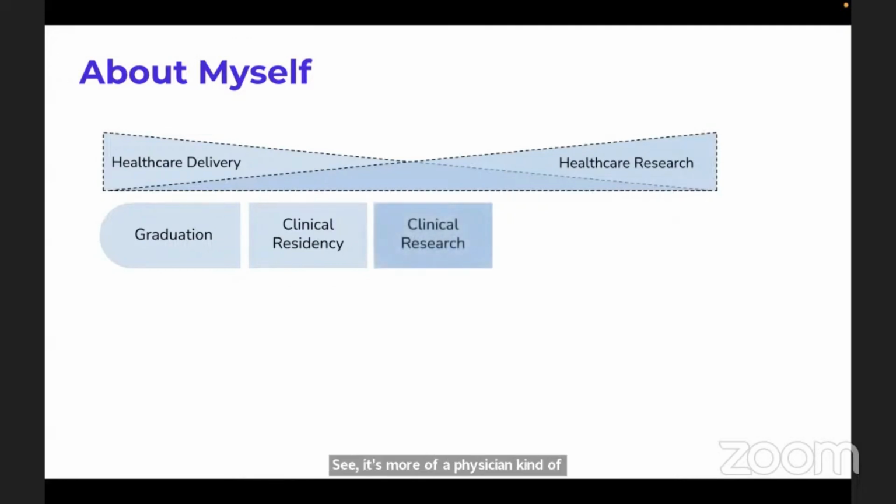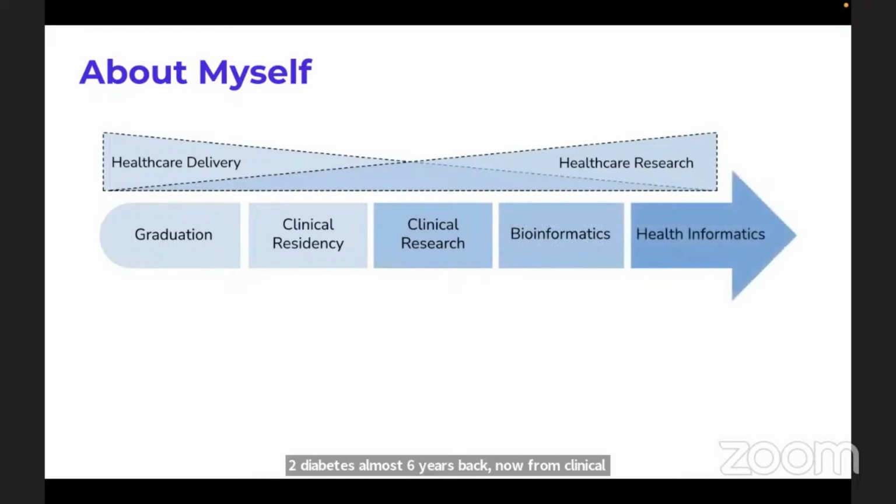Then I slowly shifted to clinical research. The research question was majorly clinical practice driven, and my major focus was on type 2 diabetes almost 6 years back. Now from clinical research, I slowly shifted towards bioinformatics and then health informatics.